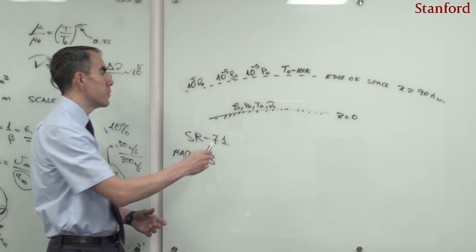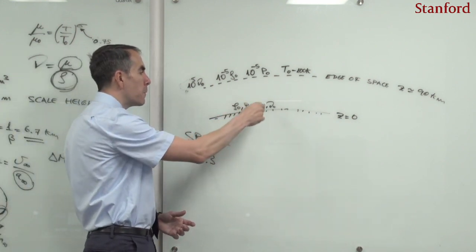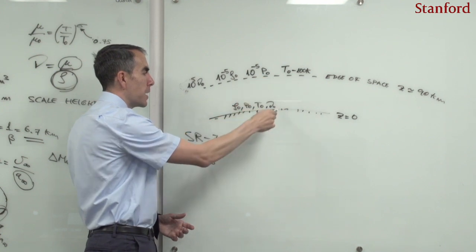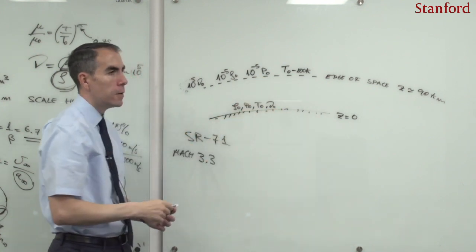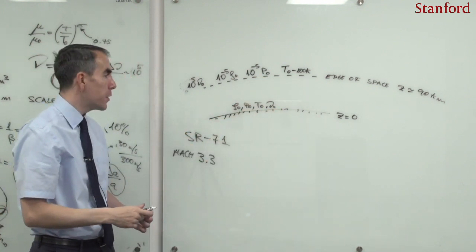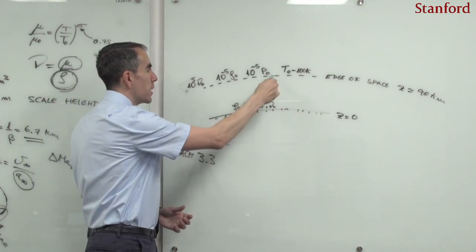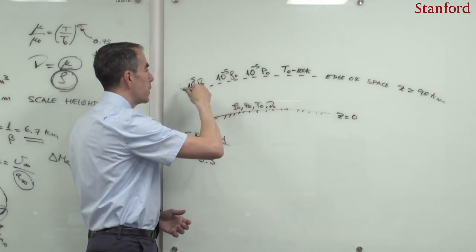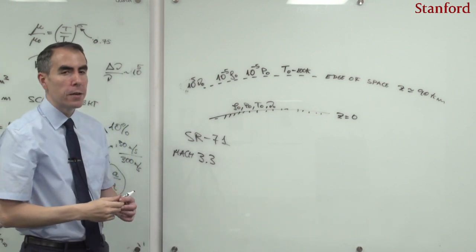So you see that this problem here, the problem of going from the edge of space to the ground, is actually way much harder, because look at the variations that we have here in terms of environmental conditions. Those are huge.